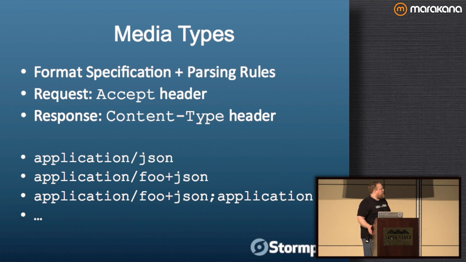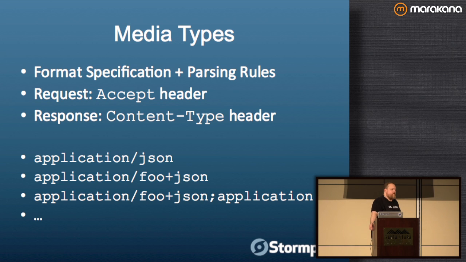But you can also do preferential ordering with Accept headers, so the client can specify, not only do I accept JSON, but I also accept XML and plain text and all sorts of other things. Then the server can leverage that header to return a very specific resource type back to the client, depending on the client's desires. So here at the bottom are some representations of typical resource or media types. Application/json is the one that everybody's familiar with.